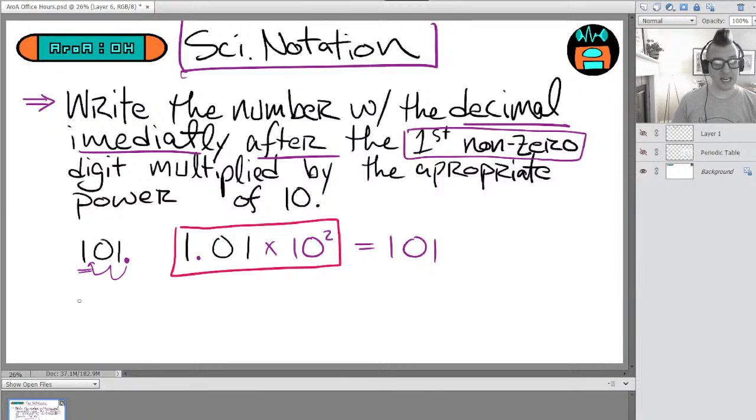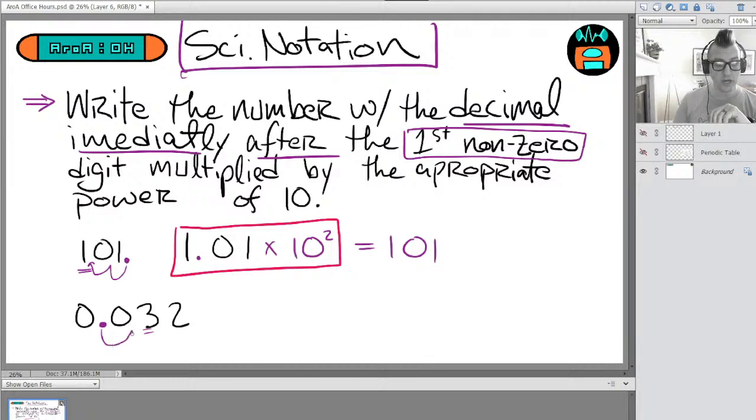All right, let's say you were asked to write 0.032 in scientific notation. Well, again, we've got a similar problem. Here our decimal's here. We need our decimal to be behind our first non-zero digit for this number to be in scientific notation.